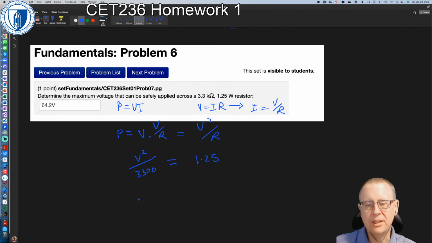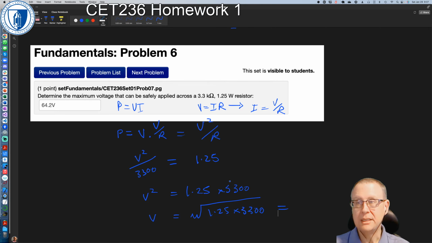So we can rearrange that and say that V squared equals 1.25 times 3300, or V equals the square root of 1.25 times 3300.